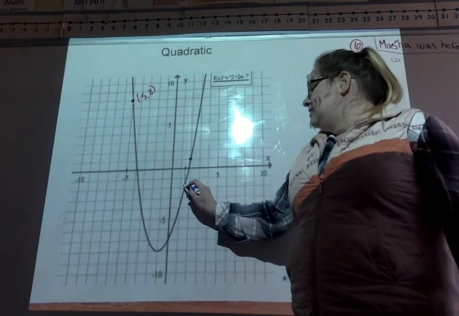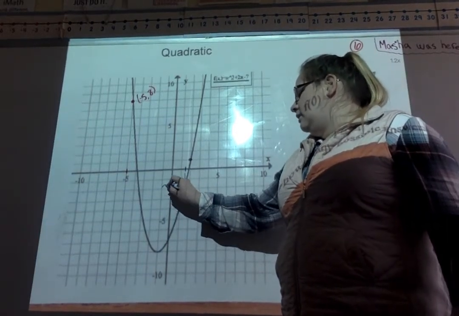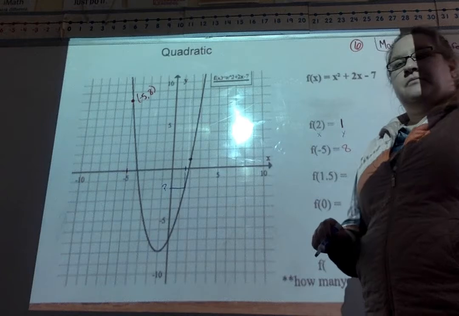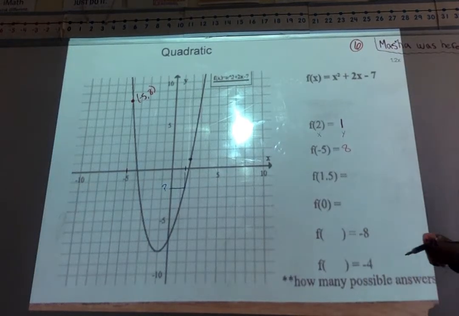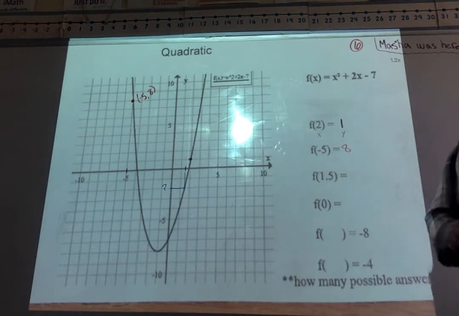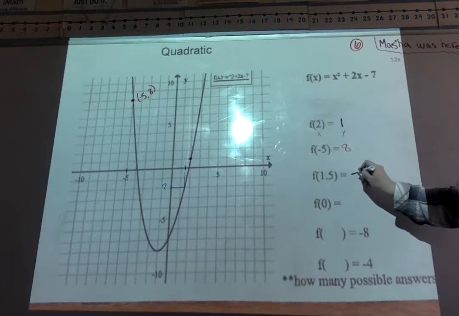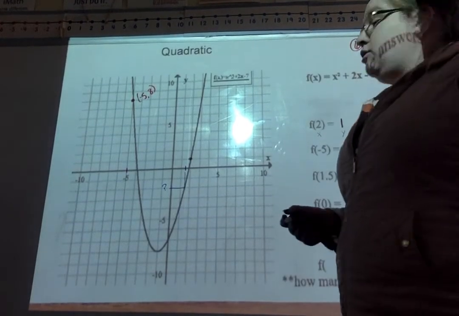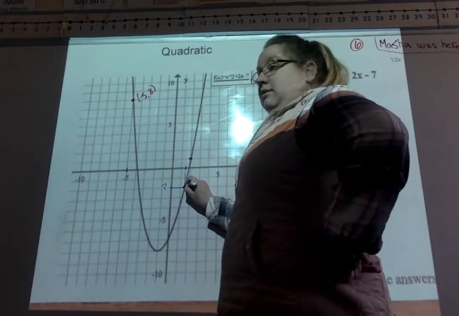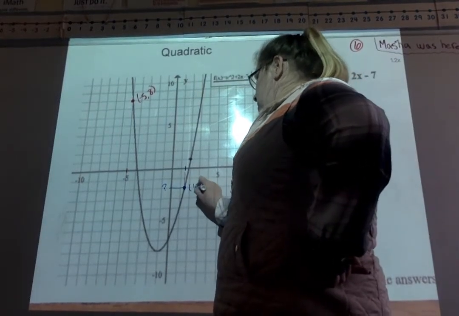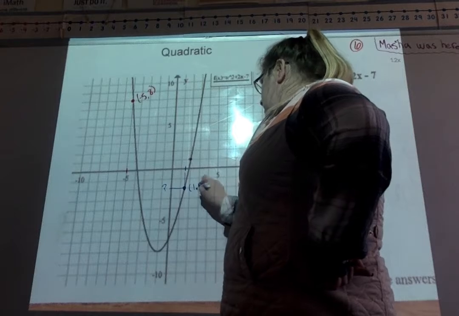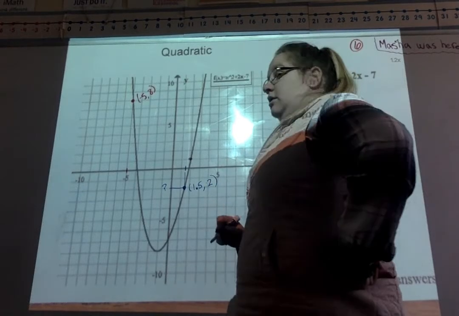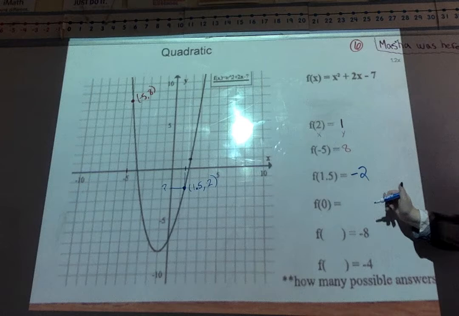So what is this y value right here? -2. So -2 is your answer. So for example, Henry, if you could plot this point and name it, this point is 1.5, comma, -2, you can find the answer, okay?